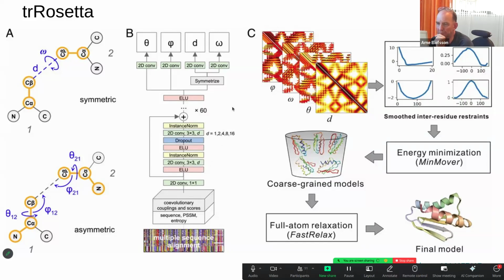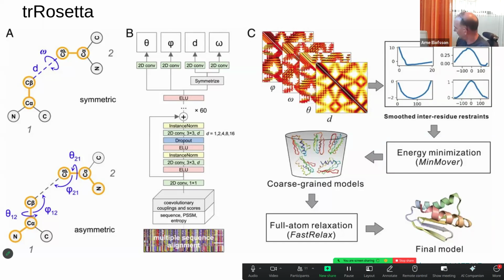And then they took these predicted distance probabilities and made some kind of energy potential from it. So basically they smoothed this function and made a probability distribution for every pair of residues. And they put that into a very simple minimization program that just made models, and then they added some sidechains on top of it later. So that was quite successful. It was clearly a step forward.